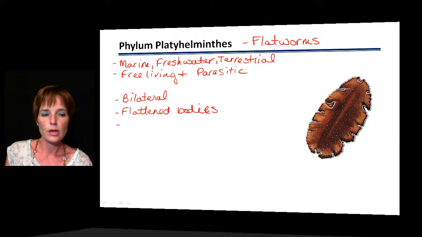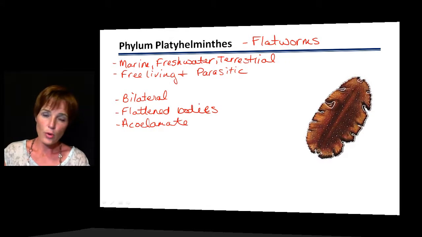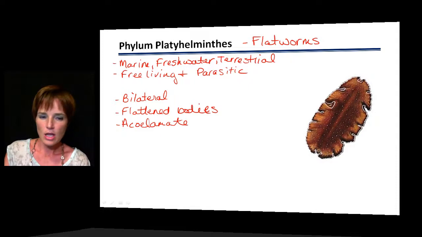They're not going to have a coelom, so they're acoelomate. So there's no fluid-filled cavity inside of these, which means they're solid structures, but solid structures that are extremely flat. They are going to be triploblastic.